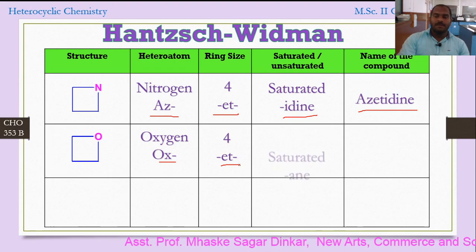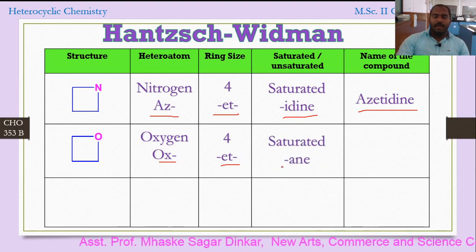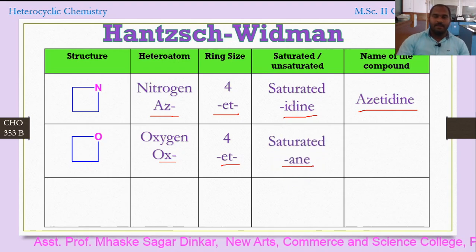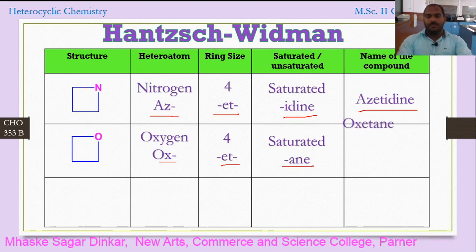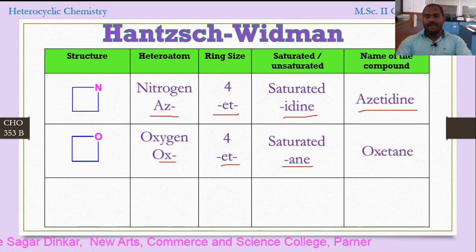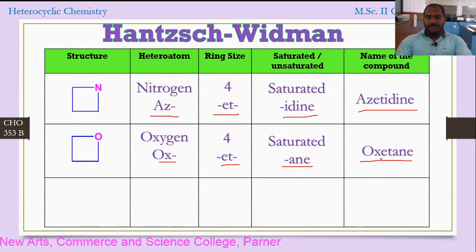It is a saturated, therefore Ane, that is the suffix we have to use. So what should be the name? Oxetane, right? Oxetane. Why oxetane? OX for oxygen, ET for 4 member, and ANE for the saturation, right? So that we are going to consider.